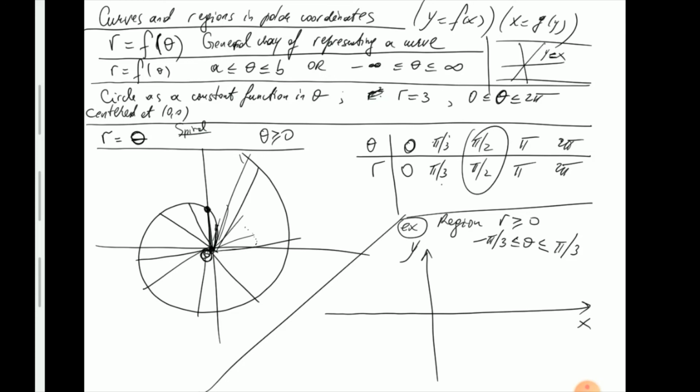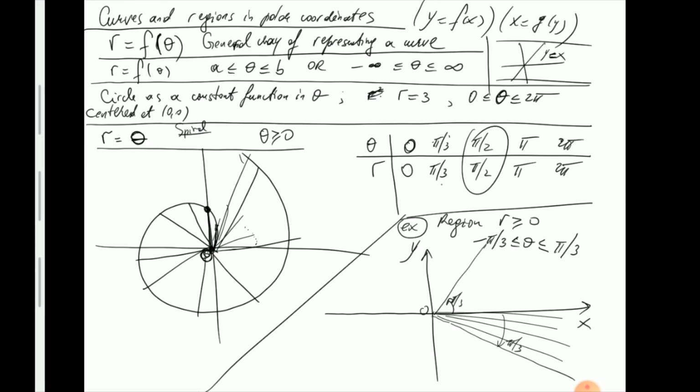Here one of the restrictions is that theta is between minus pi over 3 and pi over 3. The bounds for theta are always sides of angles. Remember that theta is an angle with the polar axis. So minus pi over 3, let's say, is this. That's going to be the lower bound. And pi over 3 is going to be the upper bound here. Then theta varies in between these.